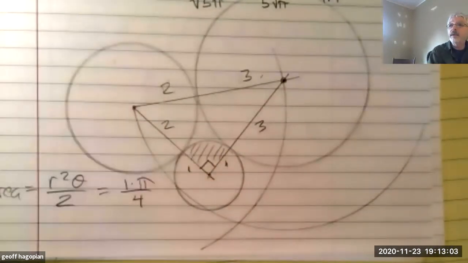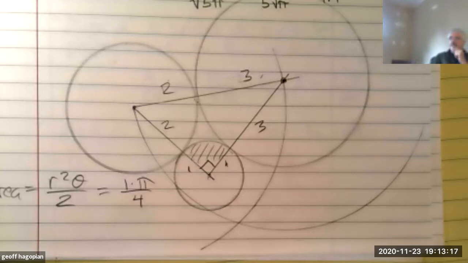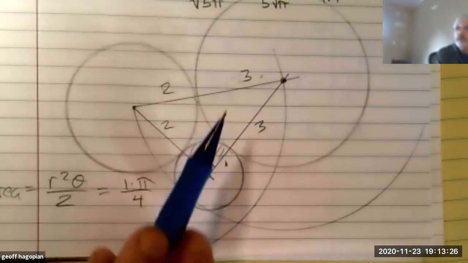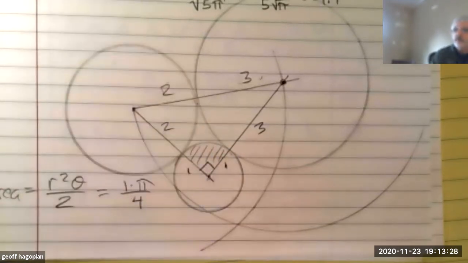Then we did this one: if you have 3 circles of radii 1, 2, and 3, and you push them together and make the triangle formed by their centers, then what happens? You get a triangle whose sides are 3, 4, and 5. This side is 1 plus 2, this side is 1 plus 3, that's the side 2 plus 3.